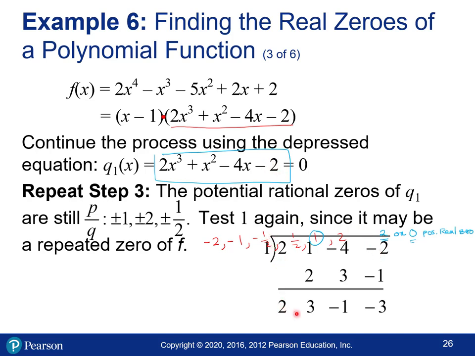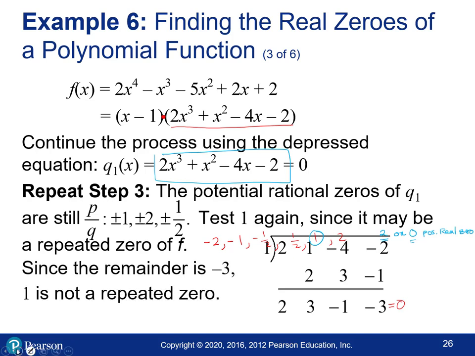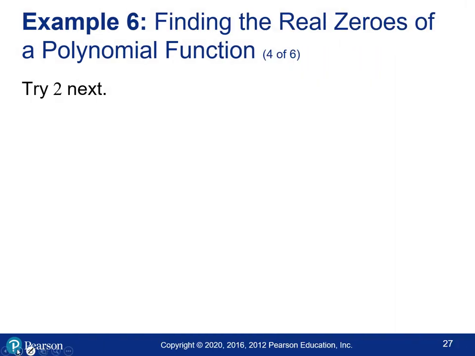If you do your synthetic division, it's not going to equal 0 this time, so this one is not a repeated 0. Okay, so we tested it, and it's no longer going to work, so we want to check another number. It's not going to be one of our factors, so let's try 2.